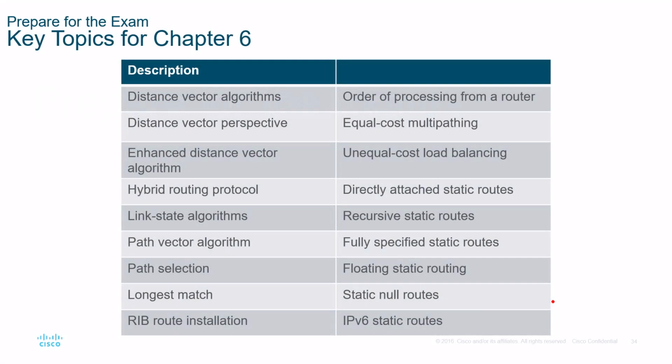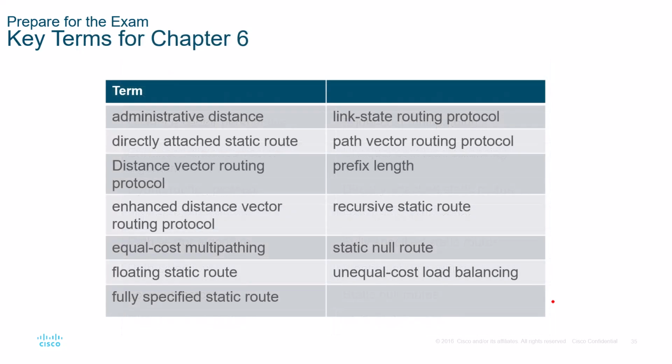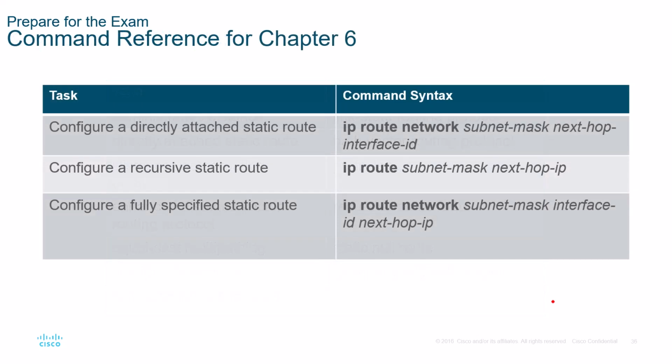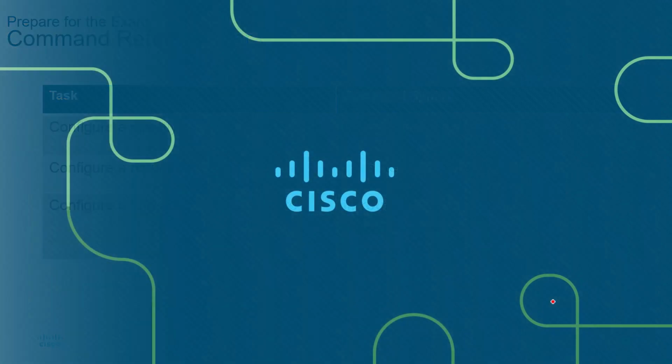We've covered all of the major areas: routing protocols, distance vector, link state, the algorithms, basic terms for routing protocols like our FIB, our RIB, our ADs, static routes and dynamic routes, and which protocols are in each one. We also looked at how to configure directly attached static routes, recursive static routes, and fully specified static routes. And that's it for this module.